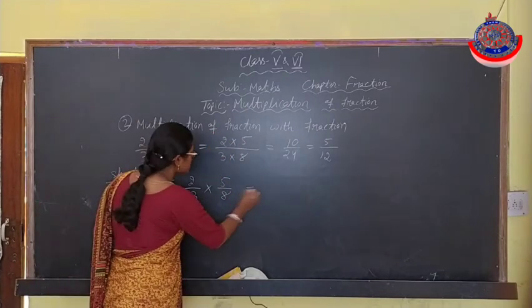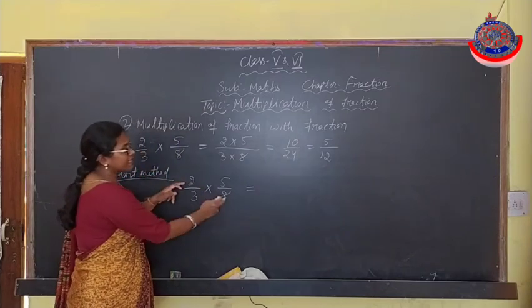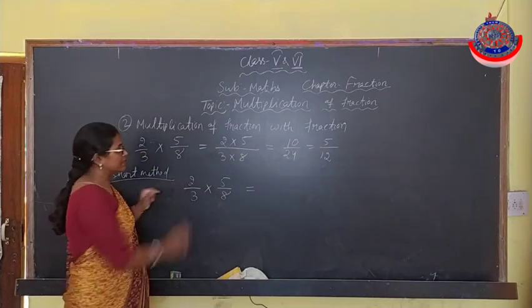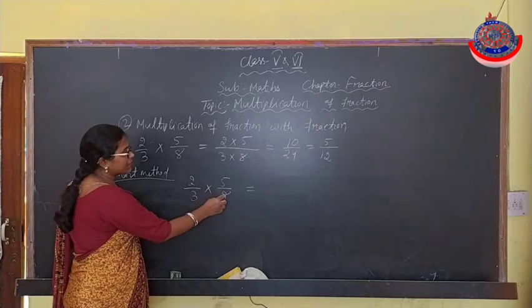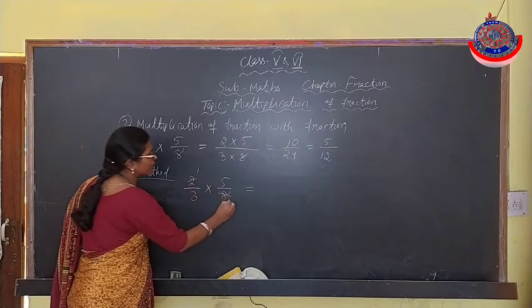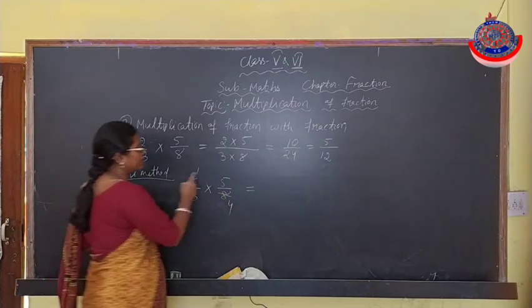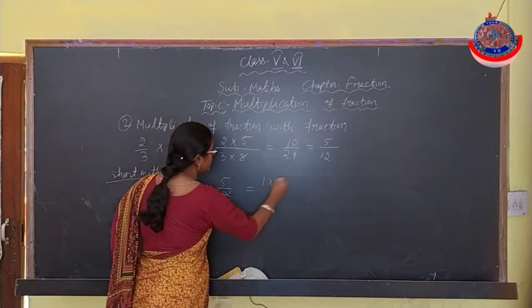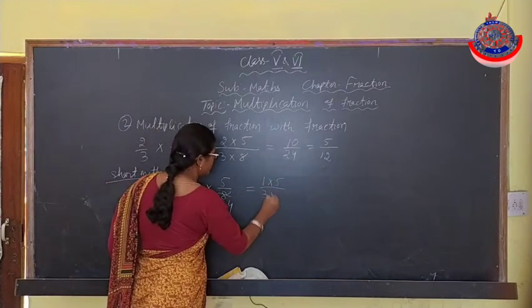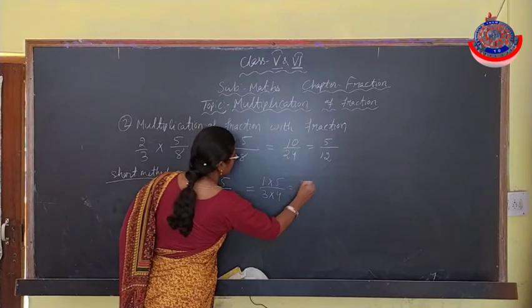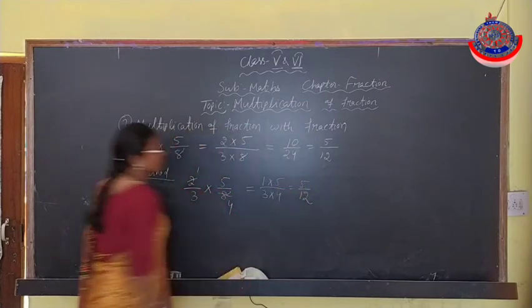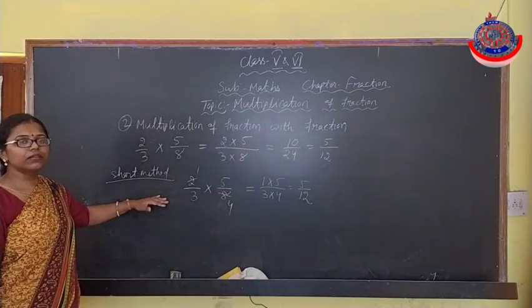But in this case, we can cancel. Here also we can cancel it. Like 2 is divided by 4, we can cancel this. Then what is there? 1 into 5 by 3 into 4. That is 5 by 12 also. In both methods you can do that.